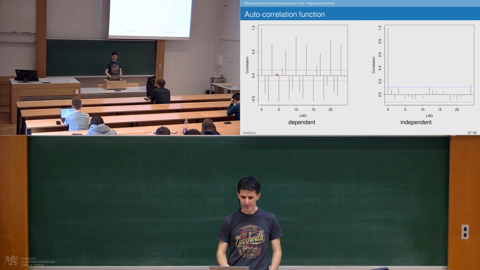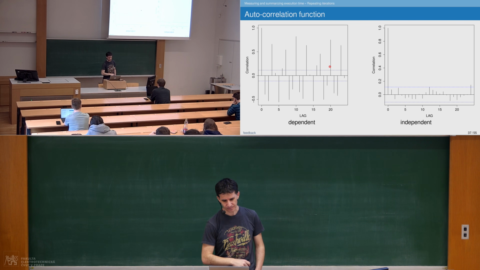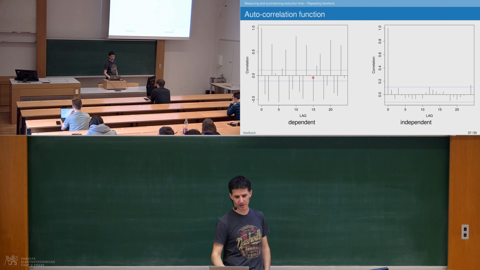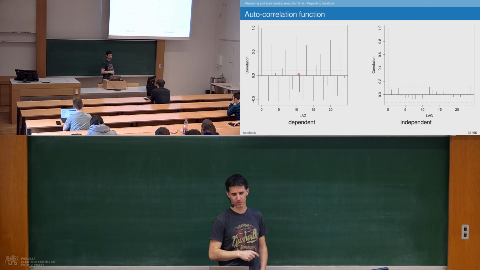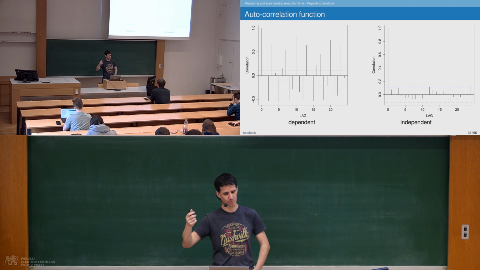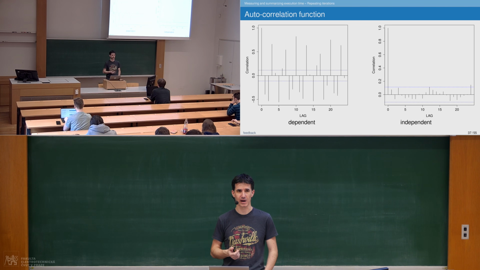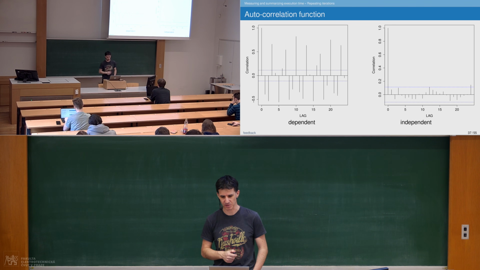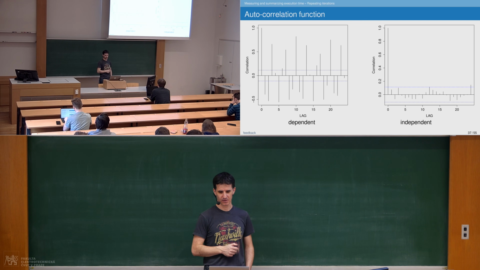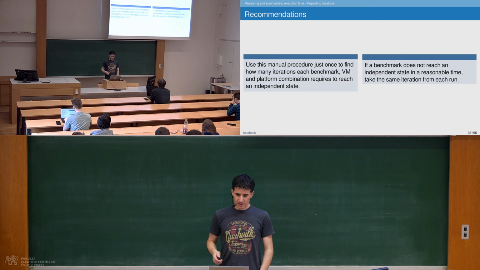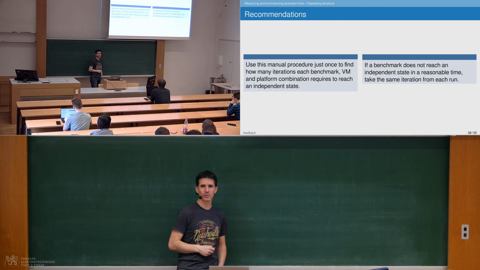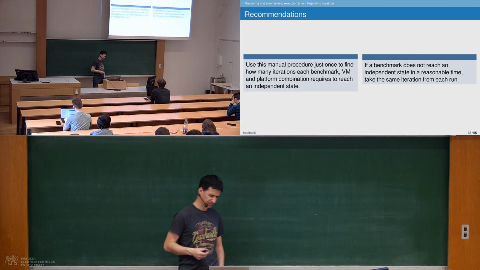If you see big peaks also for other shifts, for other lag values, this is probably a sign that the data are not independent and you have to change either the benchmark or the environment or whatever. There is something happening which would not work with the statistics. So some recommendations on how to deal with that.